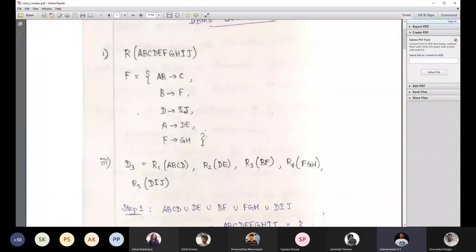So we take Z as A, and then closure of A is A, D, E, I, J. If you take the intersection of A, D, E, I, J with R1, it will be again A. So you take A union Z, which is A. So A union A would be A, and you don't have any D, E in that. And if you repeat the process again, you'll be stuck in a loop where you'll have only A as Z, and then you won't have any D or E component inside it. Right.